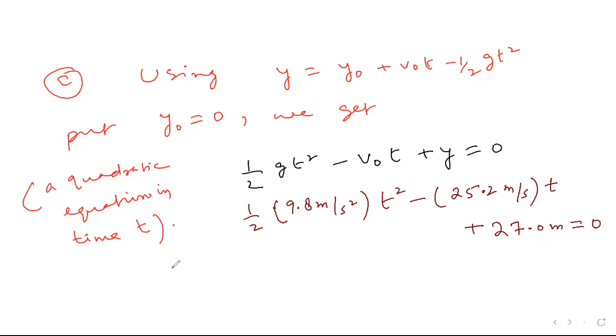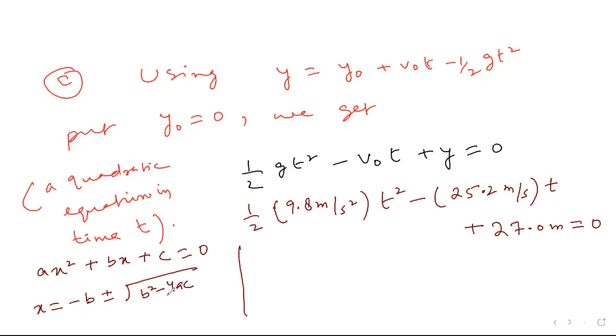We know if we have a quadratic equation, ax square plus bx plus c is equal to 0, this is a quadratic equation in x, and its solution is given by the quadratic formula. What is the quadratic formula? X is minus b plus minus square root of b square minus 4ac divided by 2a.